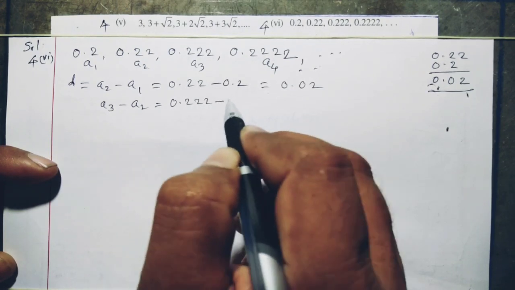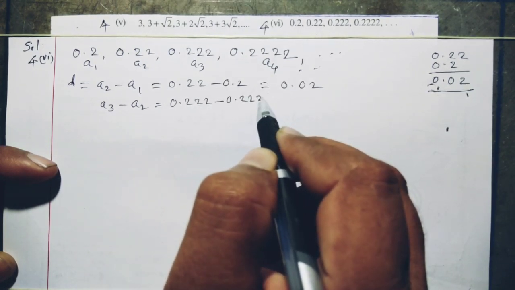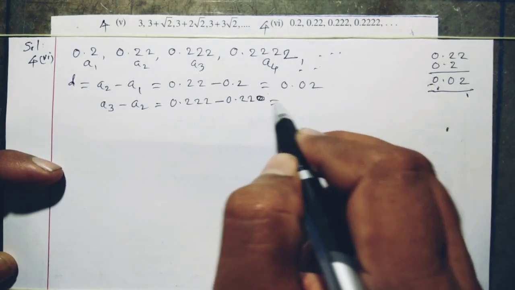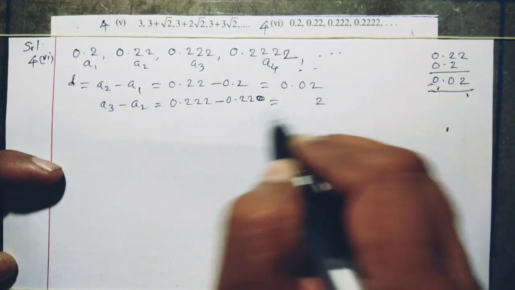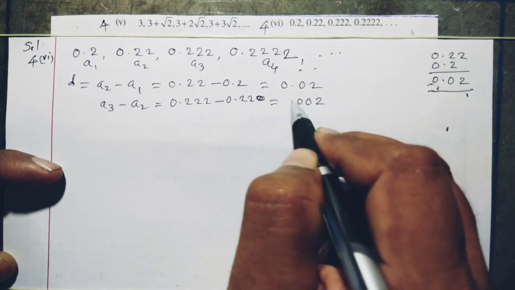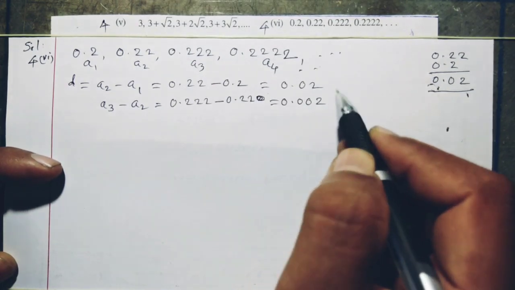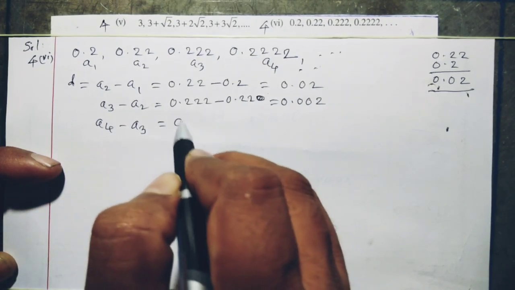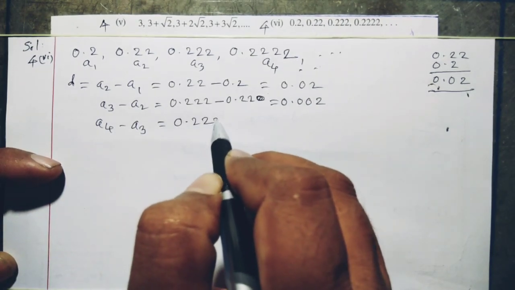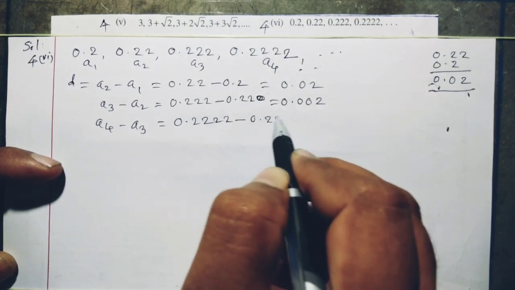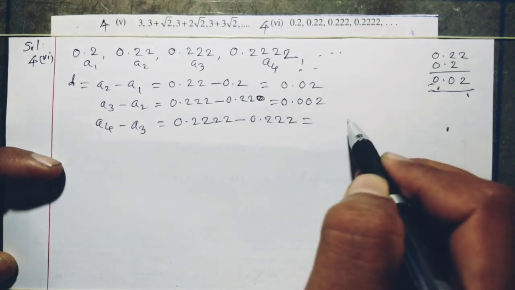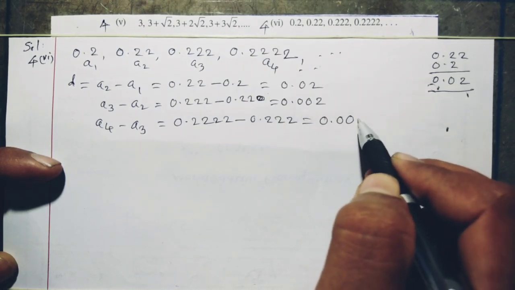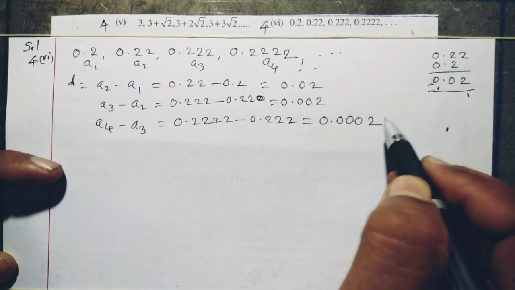Next, A3 minus A2, 0.222 minus 0.22, here 0.002. A4 minus A3 is equal to 0.2222 minus 0.222, which is 0.0002.